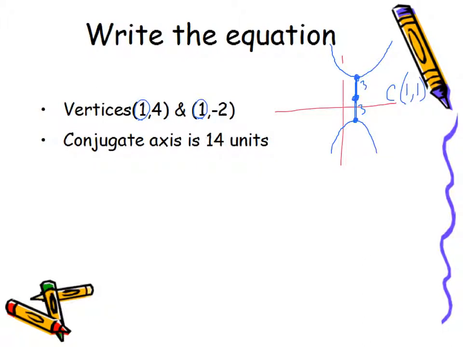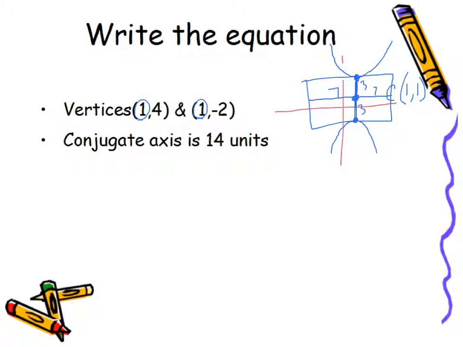Now I also happen to know what to put in for my denominator because I went up and down 3, so that's going to help me with my denominators. The other piece of information is that the conjugate axis is 14 units. That's pretty long. This one was only 6, so 14 units long is much longer here. And so the box is going to look something like this. Since it's 14 units long, that means I'm going left and right 7.